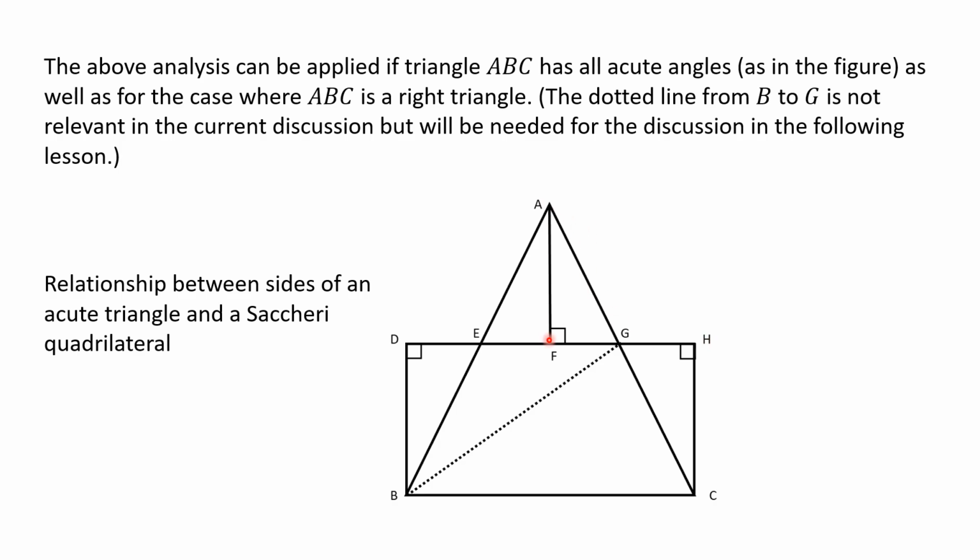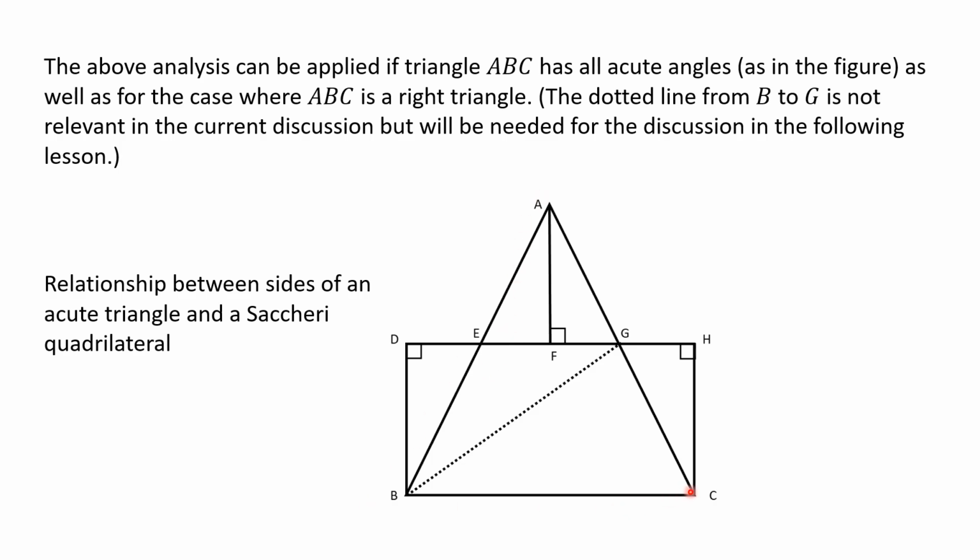And since AF is equal to both DB and HC, we know that DB and HC are equal, and that gives us our Saccheri quadrilateral upside down. So the base is DH. We have the two right angles here, and then the arms DB and HC are of equal length, and then the summit would be BC.